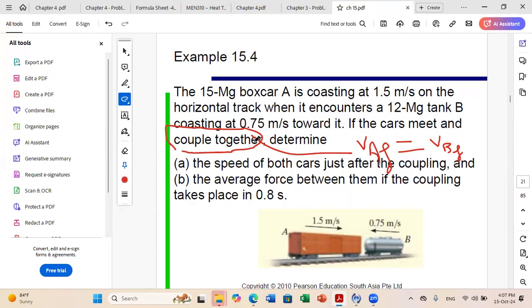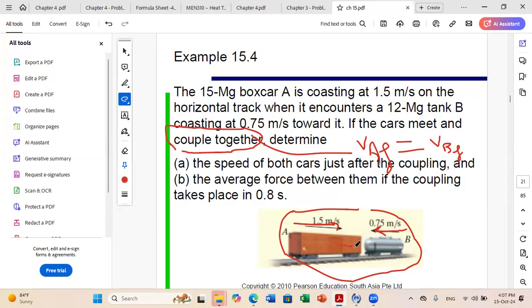Now, the question is to find the speed of the two cars just after coupling, okay? So we know the initial velocities of the two cars. We need to find the final velocity. This is why here it's interesting to take the whole system, A plus B, because when we take A plus B as system, the dominant force is the internal impulsive force.